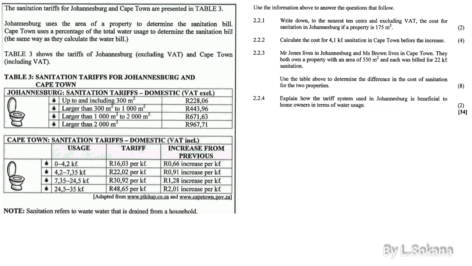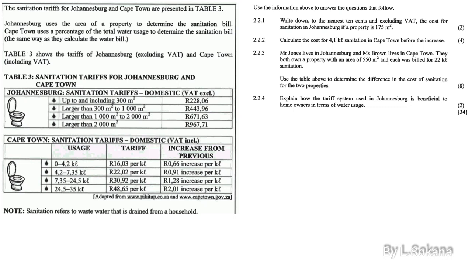Table 3 shows the tariffs of Johannesburg excluding VAT and Cape Town including VAT. Johannesburg sanitation tariffs, domestic, VAT exclusive. Then here we see Cape Town sanitation tariffs, domestic, VAT inclusive. They charge based on kiloliters, as they said on the statement above.